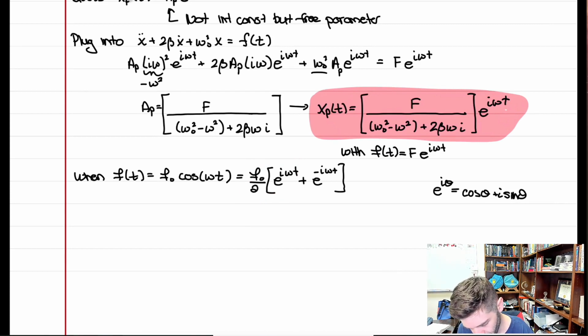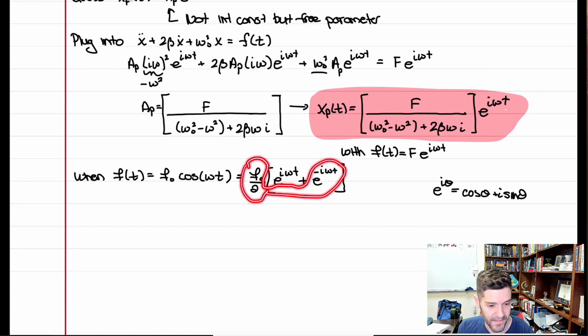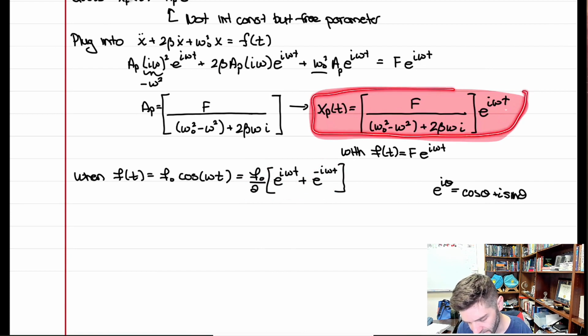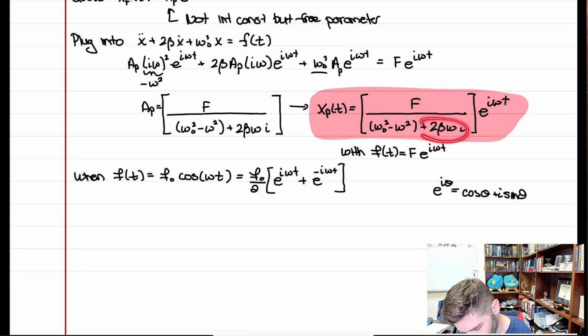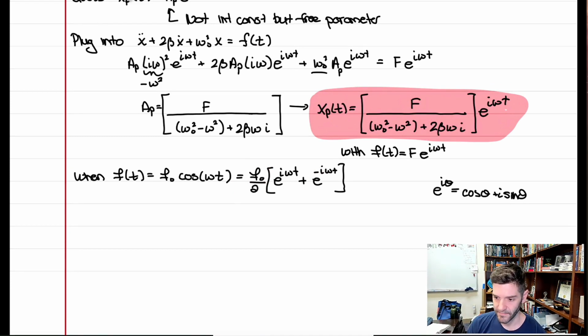I know when the right-hand side is the other exponential, I can do the same thing. I can also write it as something like this, again replacing F with F naught over 2, but then noting that since there's this negative sign here, I replace this with minus 2 beta omega times i instead.